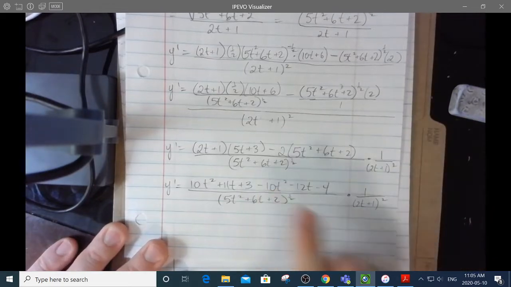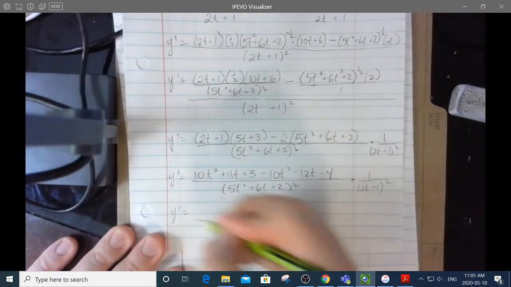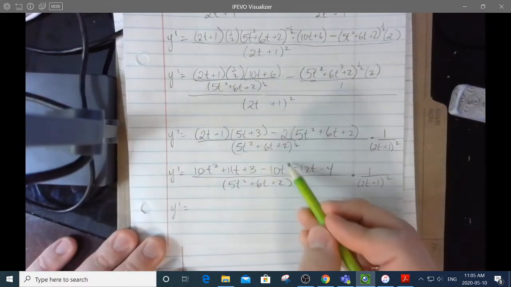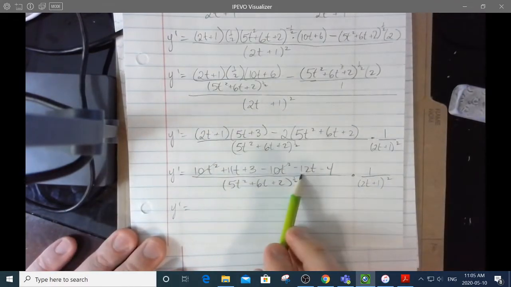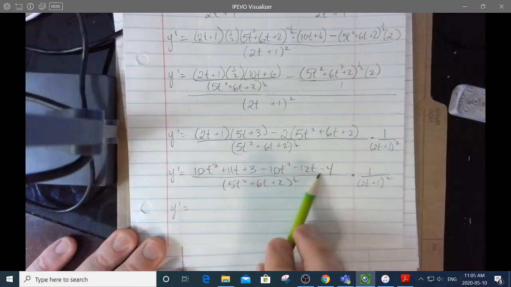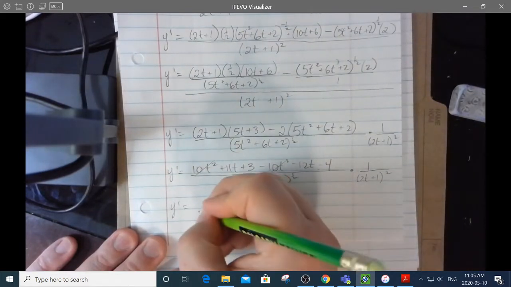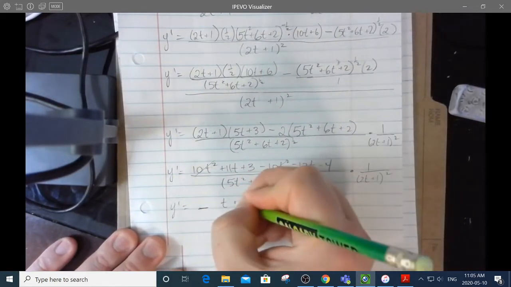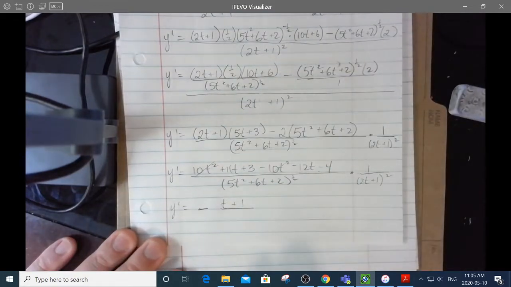Boy, it'd be nice if I could cancel that with something up there, but I don't think it does. This is nice though, those go away, and 11t's minus 12t's is negative 1t, 3 minus 4 is negative 1. Instead of negative t minus 1, why don't I just put the negative out there and say that it's t plus 1. And yeah, and that's it.